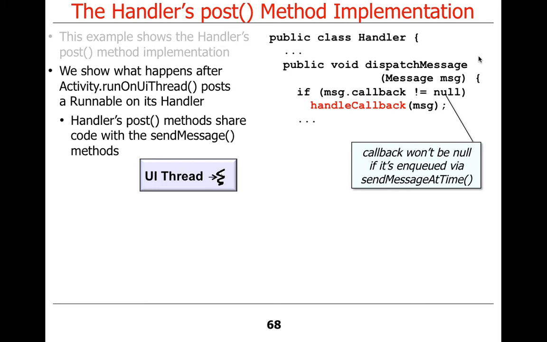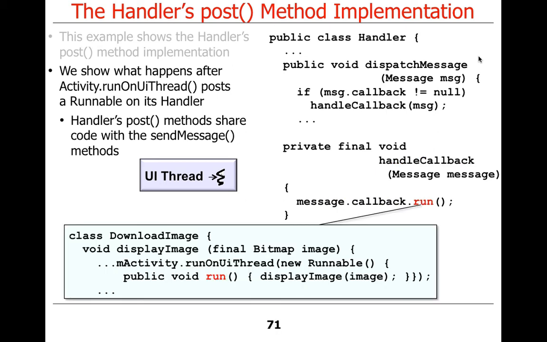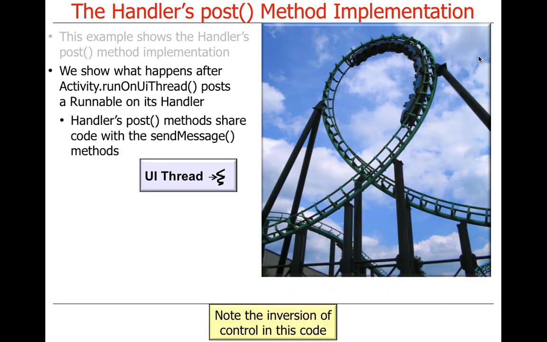In this case, it will not be null because we just set callback in the earlier call to send message at time. And it'll go ahead and call handle callback. Handle callback takes the message, finds its callback, which is a runnable, and calls the run hook method. And in this case, the run hook method will run and display the image or whatever it's going to do. So that's showing the sequence of steps that take place in the user interface thread.